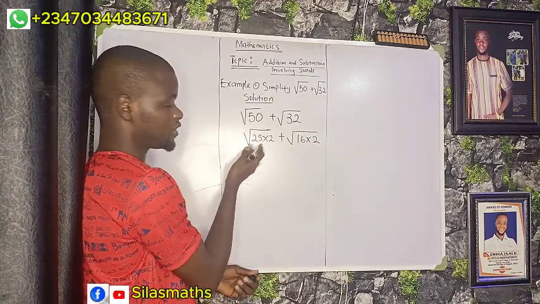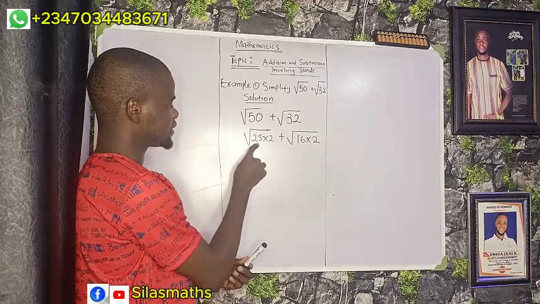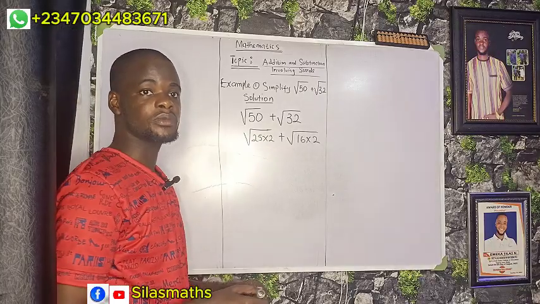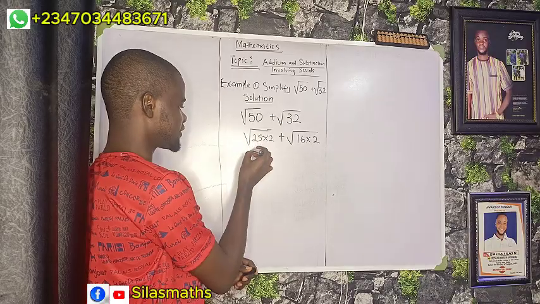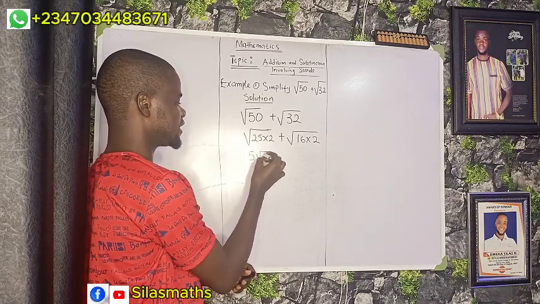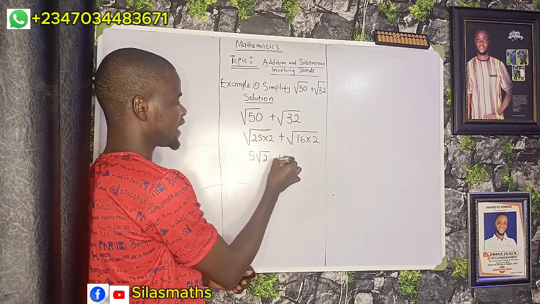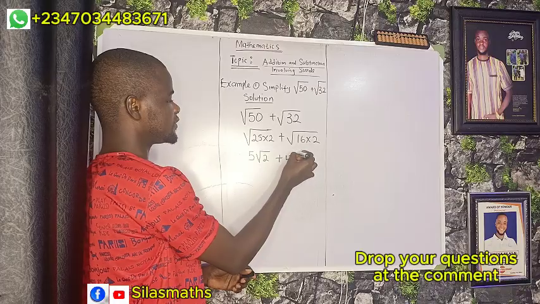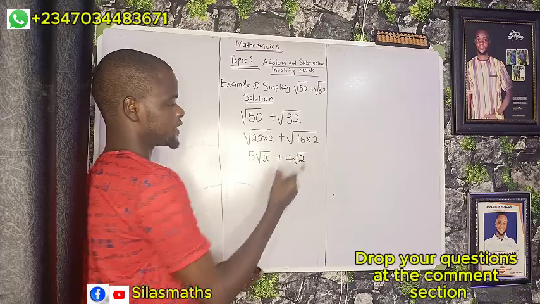Remember that these are square numbers. So what's the square root of 25? That is 5, so we bring it out. That gives me 5 outside and 2 remains inside. Then for this, root 16 is 4. I have 4 outside and my 2 inside.